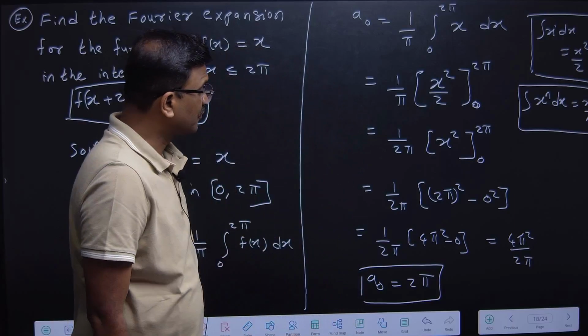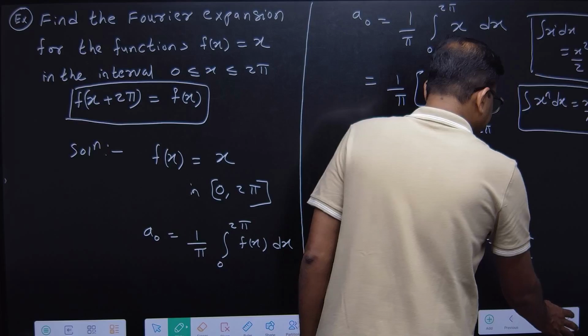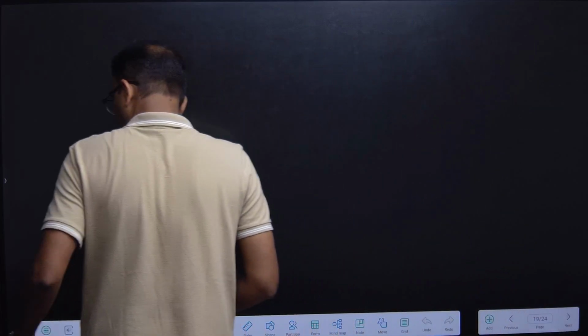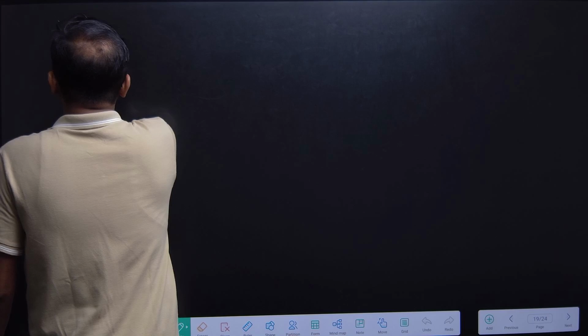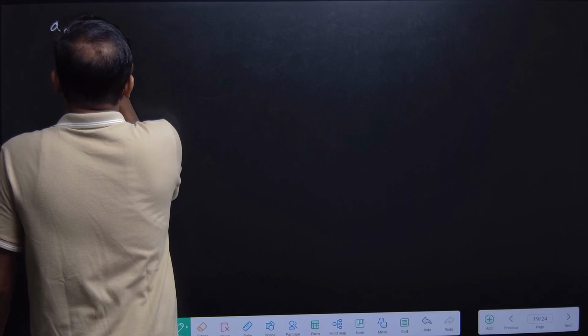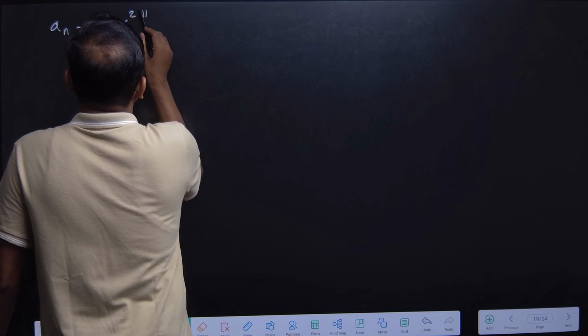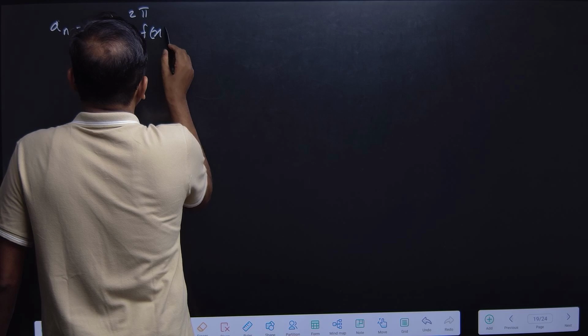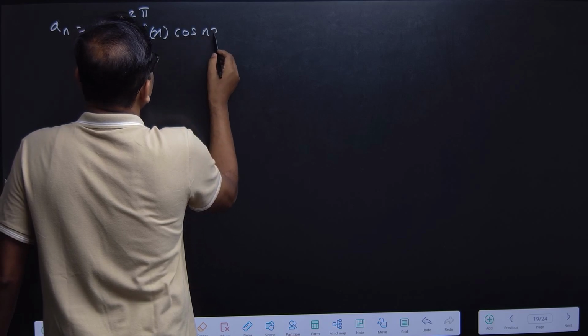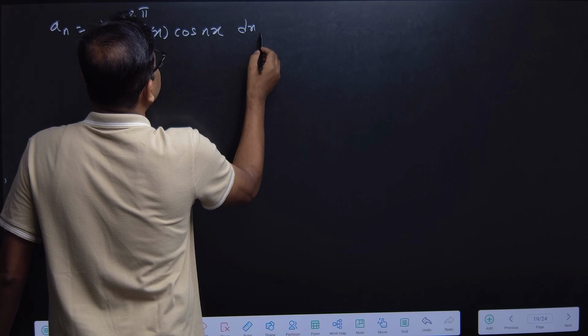Now once we have got a0, we will find an. We know that the formula to find an is equal to 1 upon pi integration with limit 0 to 2 pi of f of x into cos of nx dx.